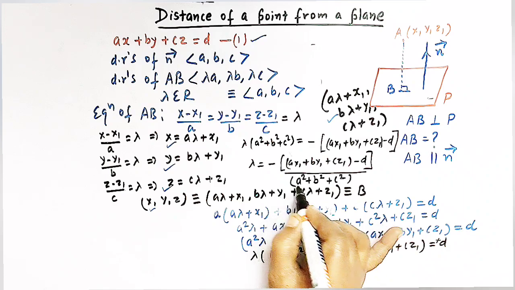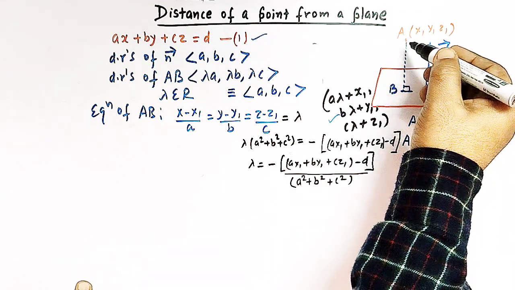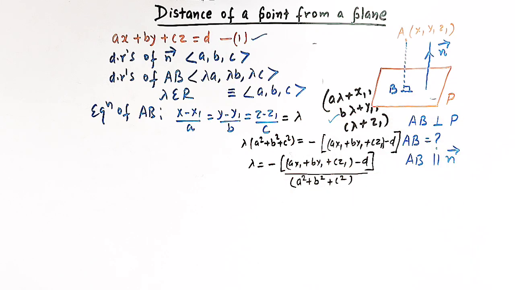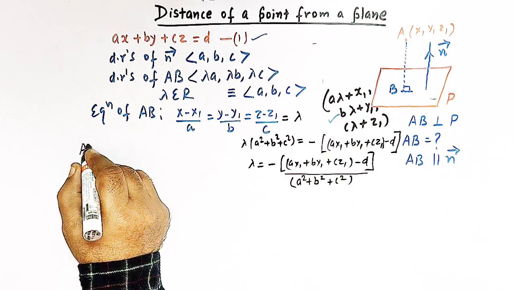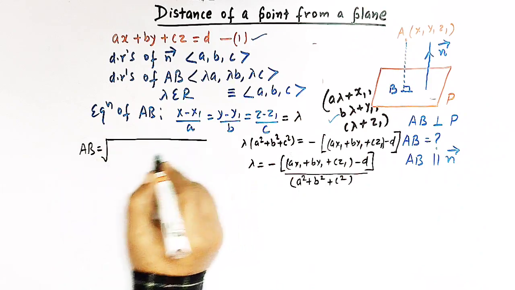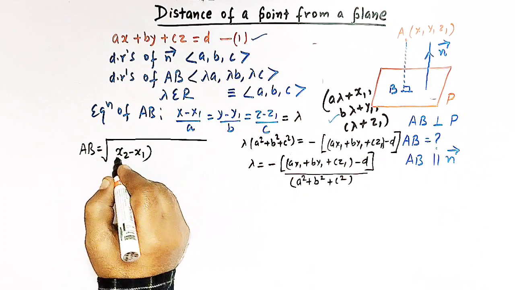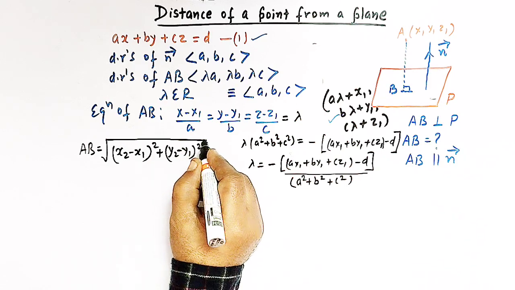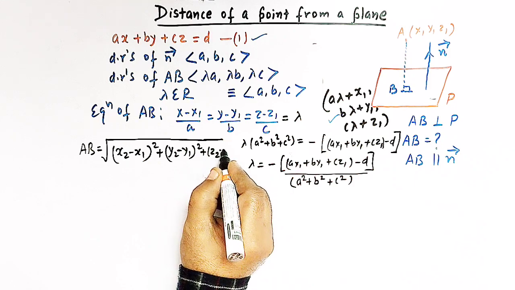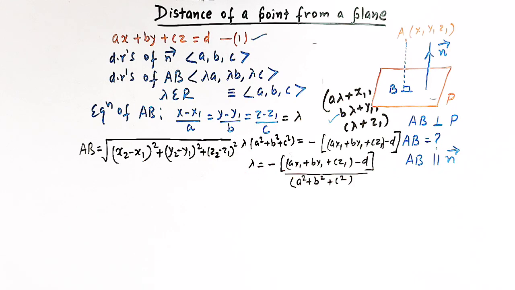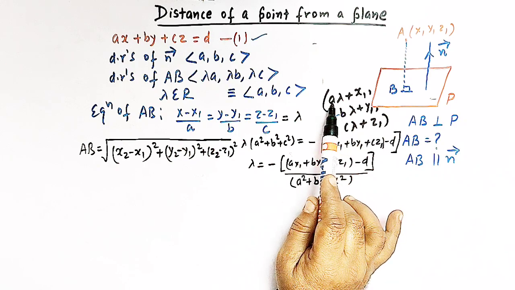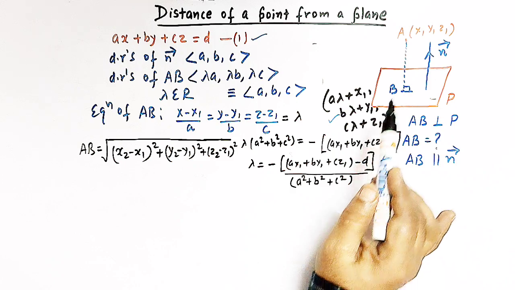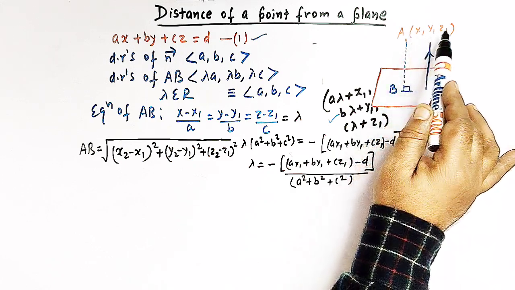So now let us find out the distance between A and B using the distance formula. The distance formula is given by square root of x2 minus x1 whole square, then y2 minus y1 whole square, and then z2 minus z1 whole square, right? So let us take this coordinate as x2, y2 and z2, and this coordinate is x1, y1, z1.